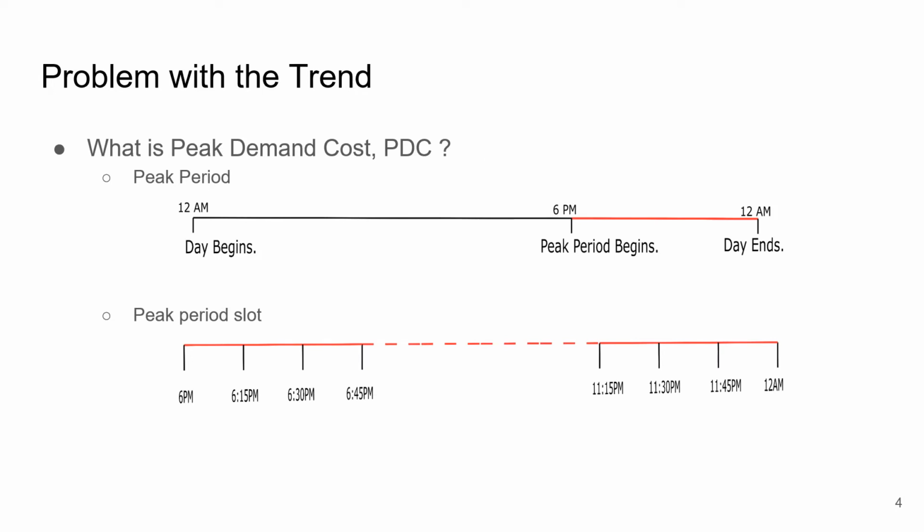Power companies define a period of large power demand within each day as the peak demand period. Here, 6 p.m. to 12 midnight represents that peak period and is a typical range used in practice. Within each peak period, a slot, typically of 15 minutes, is considered a peak slot.